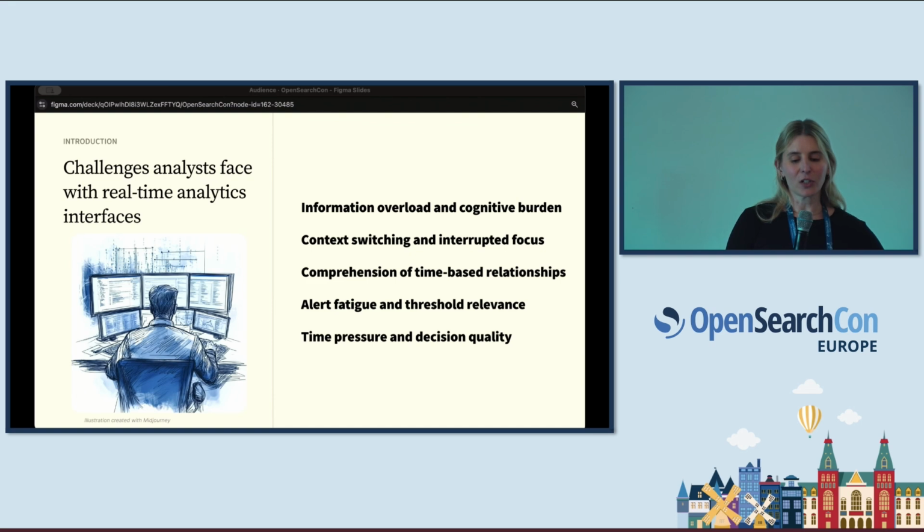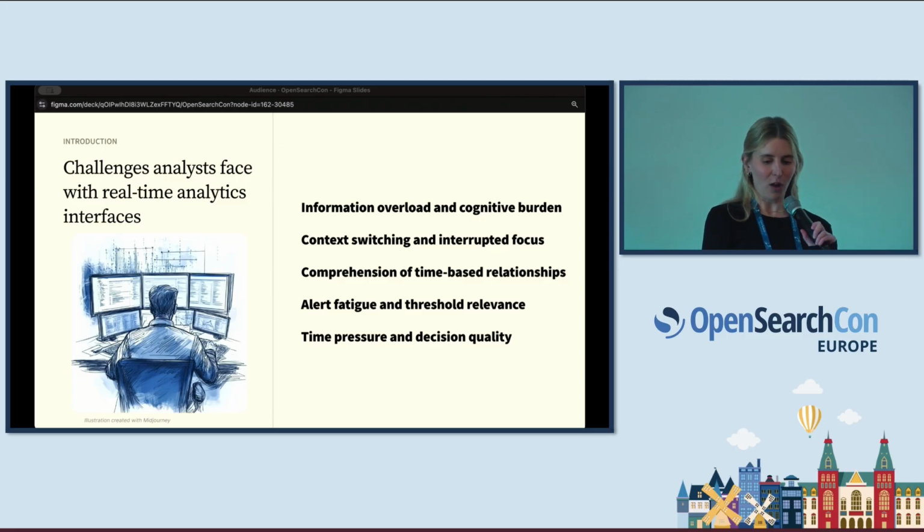Their information's constantly updating, and dashboards create visual fatigue as analysts try to track multiple changing elements simultaneously. Important signals get buried among routine updates, making it difficult to distinguish what really requires attention. Some analysts will experience change blindness, where they miss significant shifts because too many elements are updating at once. And the cognitive load of monitoring multiple real-time metrics leads to decreased performance and decision quality over time.